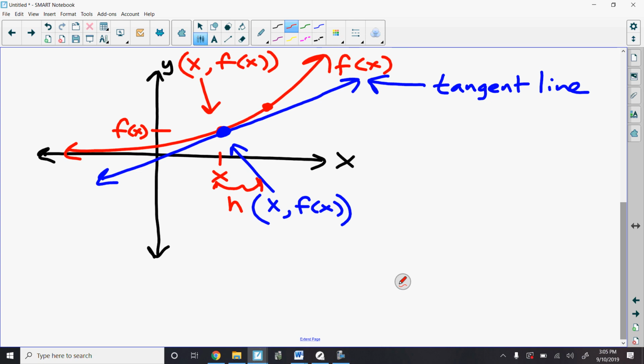I'm just going to call this distance h. Maybe h is 1, maybe h is 0.5. Whatever, that distance is h. Therefore, my new x value here is x plus h, with a new y value of f of x plus h.